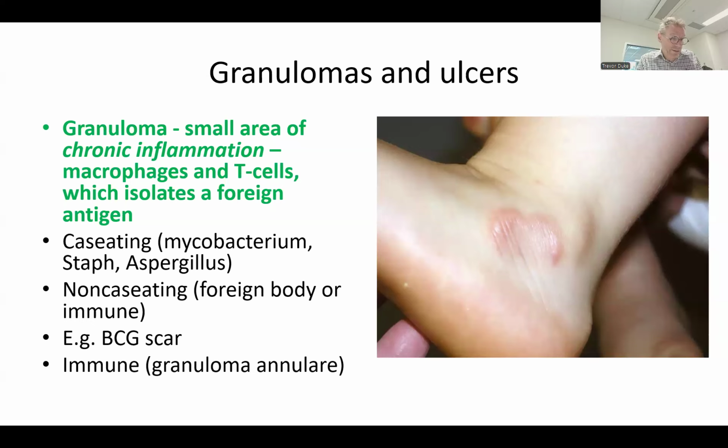We've talked about erythemas, we've talked about hypopigmented patches, and now I want to talk about granulomas and what sometimes follows that, which are ulcers. Now, granulomas are areas of chronic inflammation.